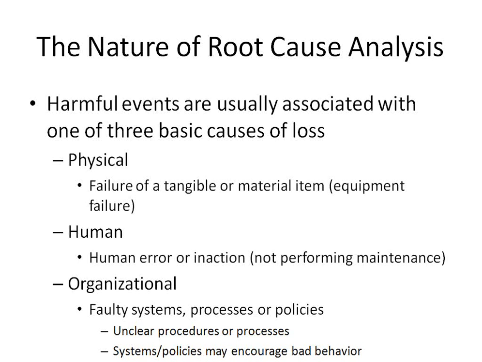We can identify, and sometimes there'll be multiple root causes as well when we go through this. And the last one I put, organizational: faulty systems, processes, or policies. That we didn't have a policy saying you can't do this. In the example they give, it's a policy saying you shouldn't be eating while driving or something like that.